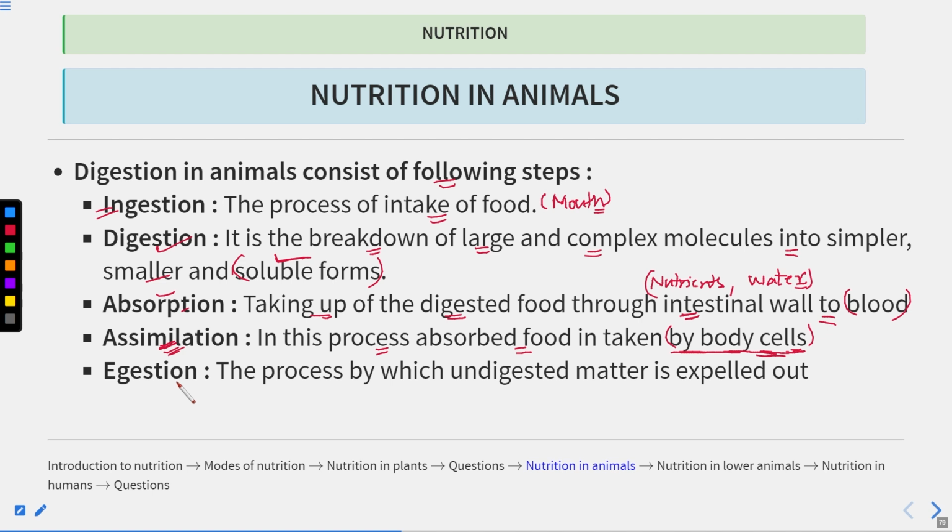The last step is egestion. Egestion is the process by which the undigested material is expelled out of the body. This process is also very important, otherwise all the toxic substances will remain in the body, and that is not good for the body. It can cause a lot of damage and diseases.